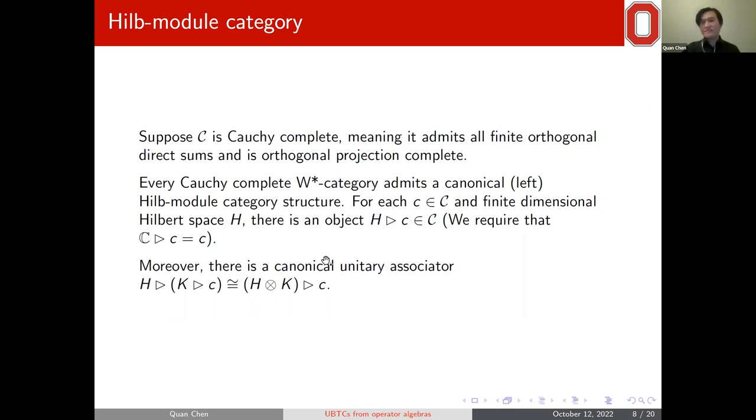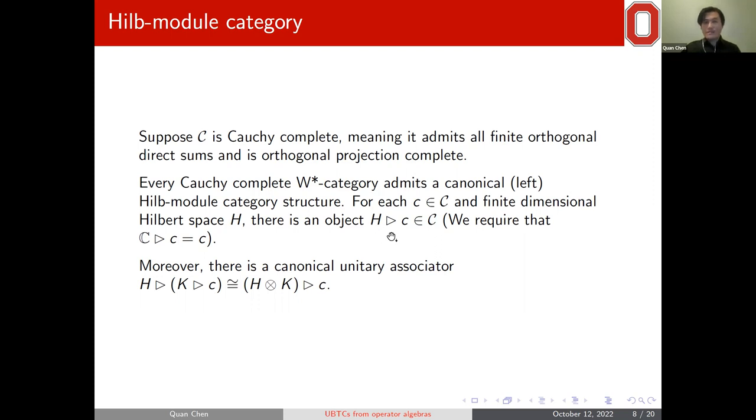And once we pick those isomorphisms, there should be a canonical unitary associator between the K action and then H action, or H tensor K acting on c. So if you just start with an arbitrary C-linear category, then it's naturally a Vect module. Since this has a dagger structure, it's a Hilbert module.